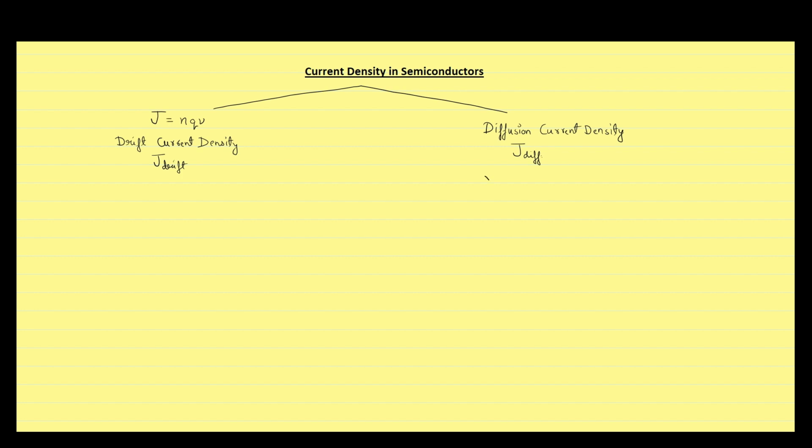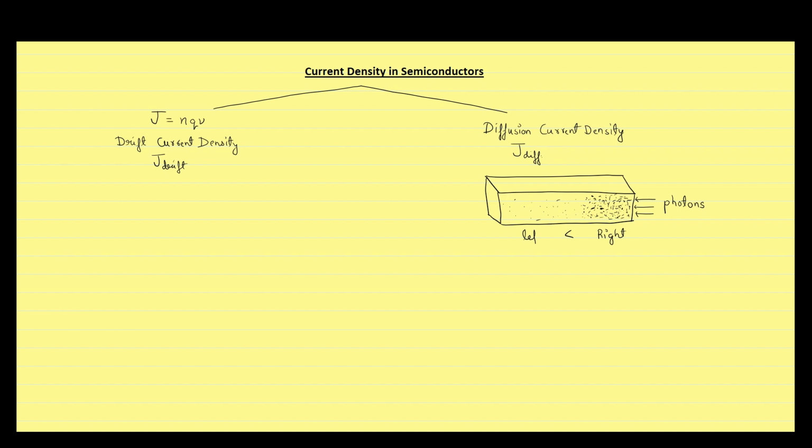However, let us assume that we have a semiconductor and somehow at one end of the semiconductor we have created charge carriers in excess, whereas on the other side we have comparatively a smaller number of charge carriers. For example, you can assume that we have a device that releases photons, and this photon bombardment at one end of the semiconductor results in excess charge carriers with respect to the other end.